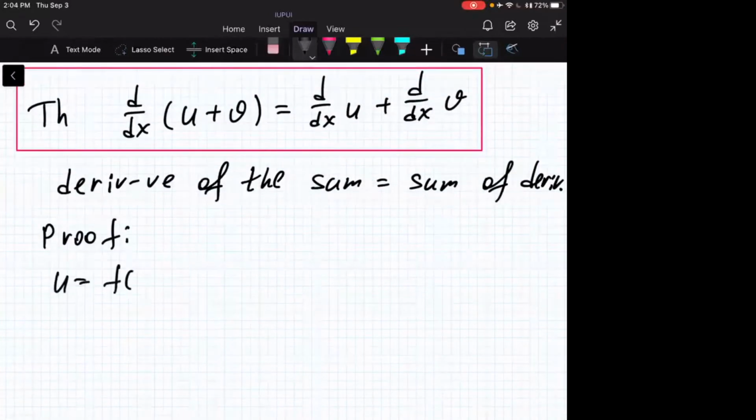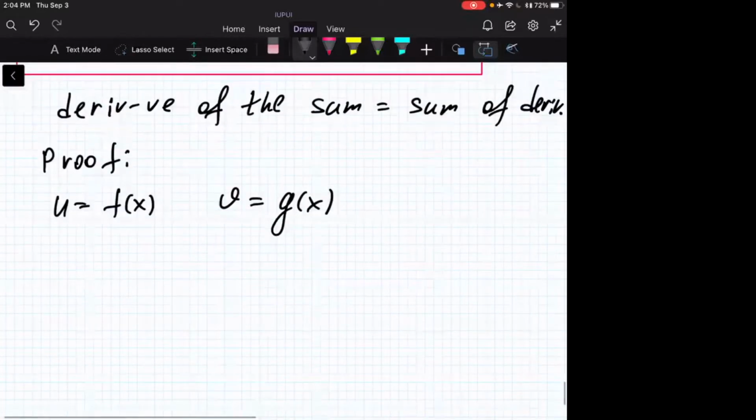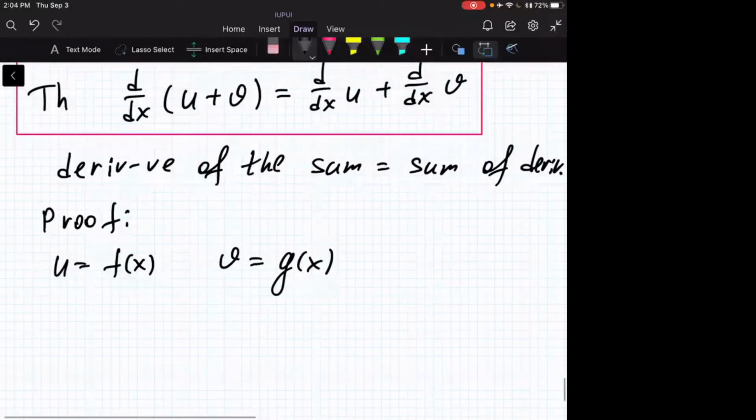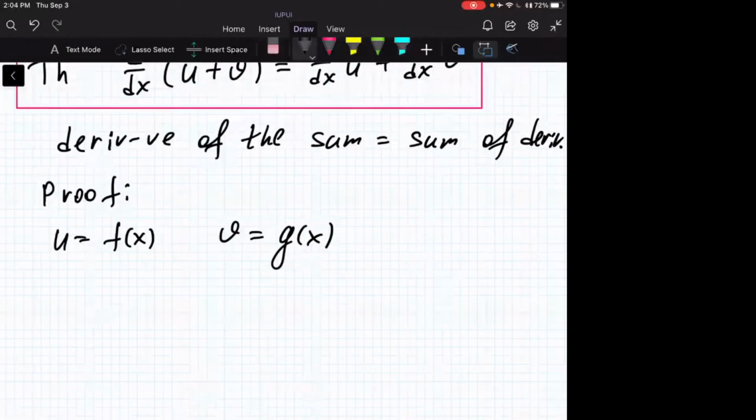So consider two functions. The first one is f of x and the second is g of x. And if you want to differentiate them, they both should be differentiable. And we discussed what that means. And let's try to calculate the derivative of the sum.